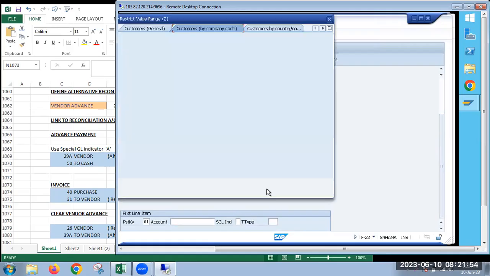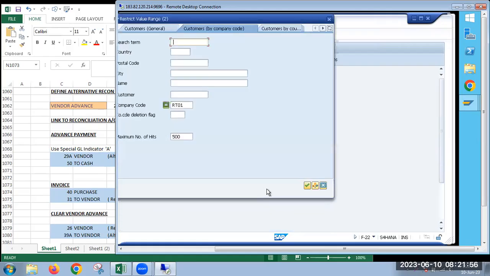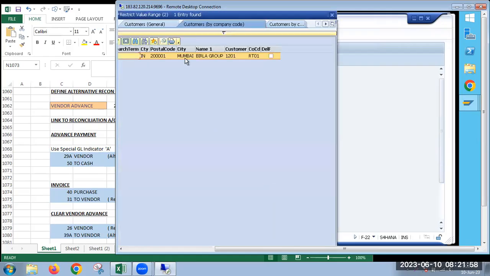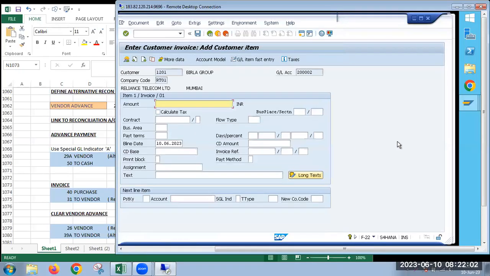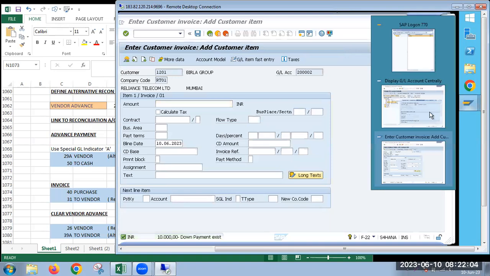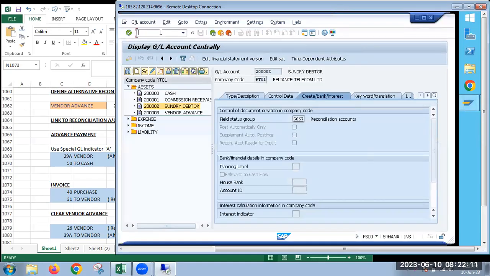Customer invoice, invoicing a customer by debiting the account. How much was our balance? The transaction can be the same amount or even a different amount. It depends.